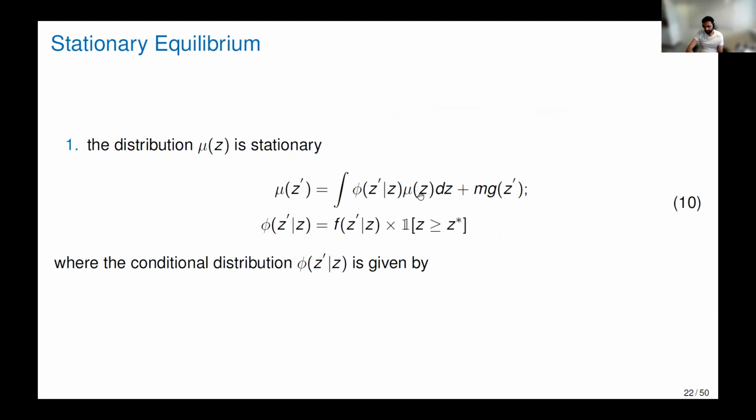There is a distribution of firms for each productivity type. Some firms will exit, some firms will survive, and this phi matrix is going to contain this information on the survival of the firms.